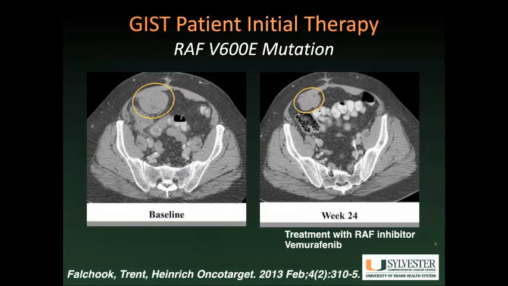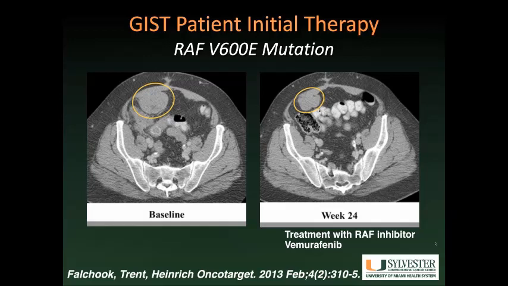Now here's a patient with a GIST in the abdomen, in the yellow circle, and this patient's tumor shrank on the right. Previously the patient was treated elsewhere with imatinib, and the tumor continued to grow. That's because this patient's tumor doesn't have a KIT mutation, but instead has a RAF mutation.